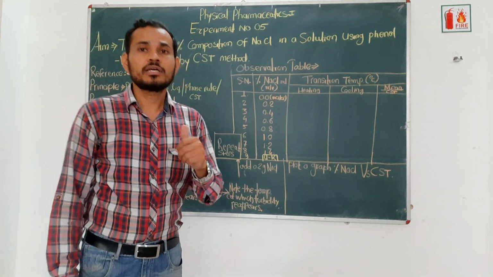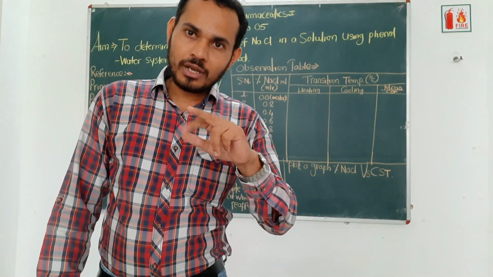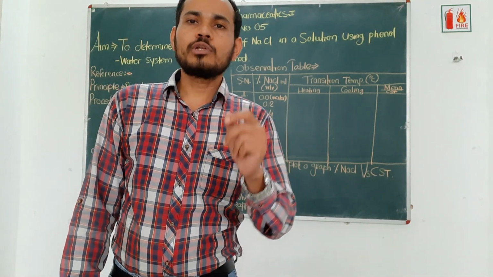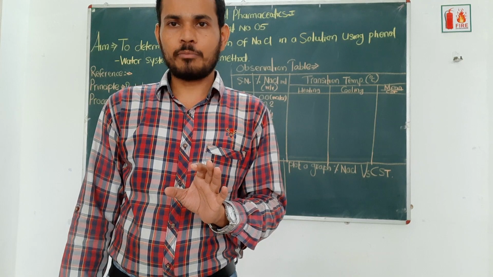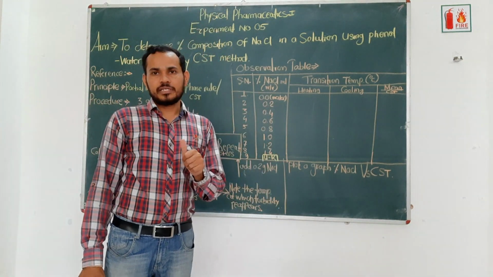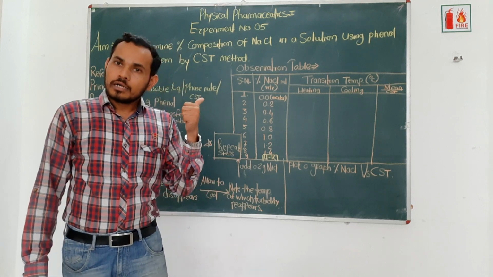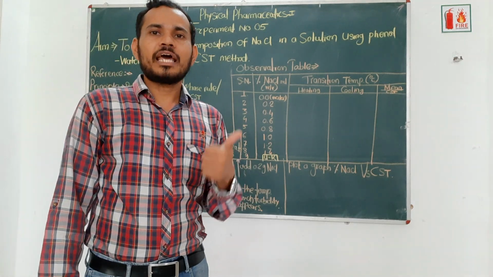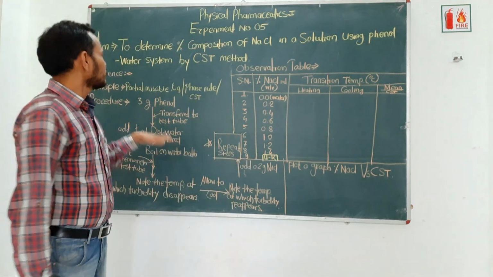This means that phenol and water are soluble in each other only to a certain amount at a particular temperature. But this property is temperature dependent, and it is explained by means of the phase rule.